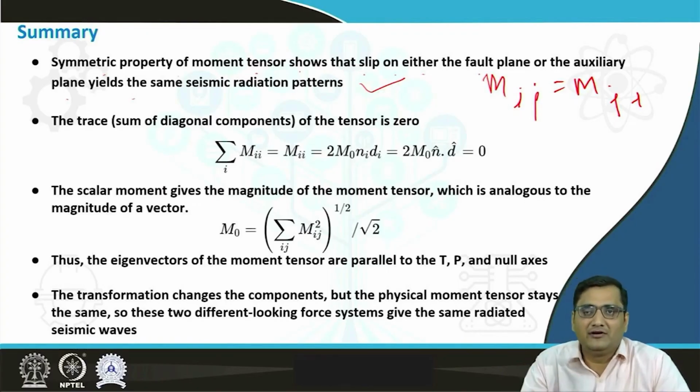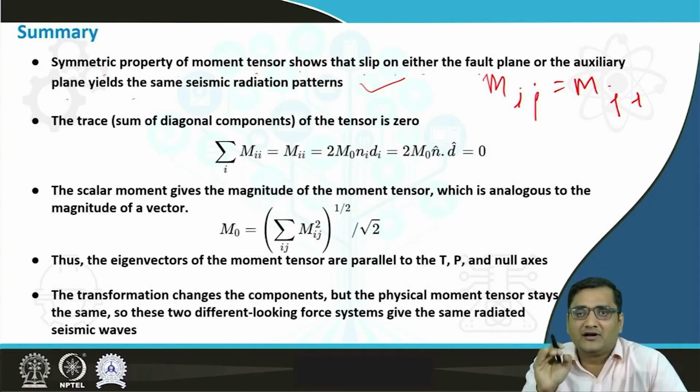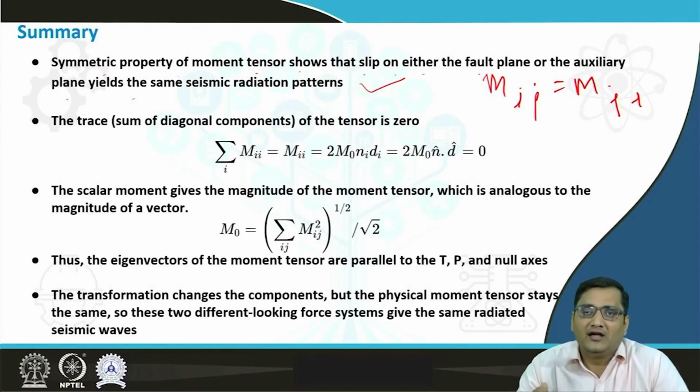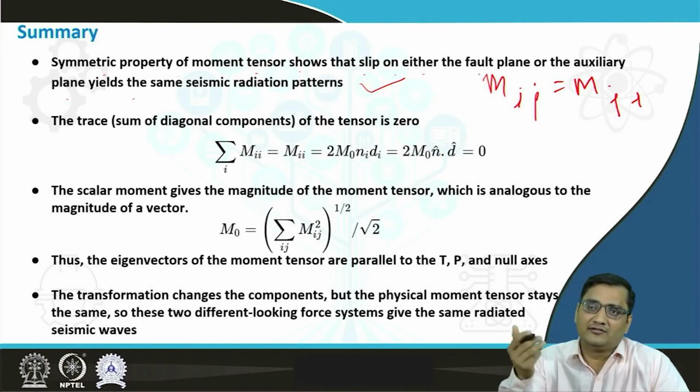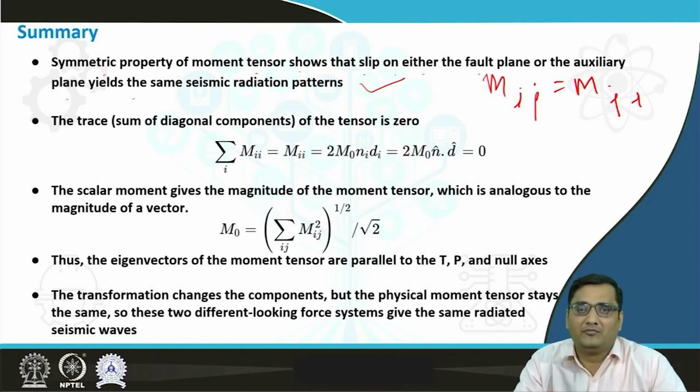So there will be an ambiguity about where the slip is actually happening, but the moment tensor follows the property of symmetry, which is similar to stress and strain, and it says that the slip is happening either on the fault plane or on the auxiliary plane, and that yields the same seismic radiation pattern.